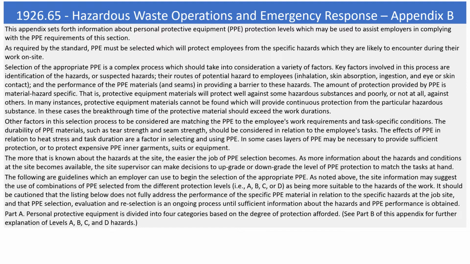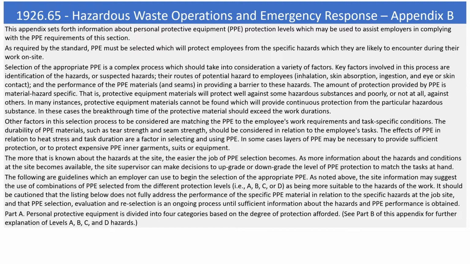Other factors in this selection process to be considered are matching the PPE to the employee's work requirements and task-specific conditions. The durability of PPE materials, such as tear strength and seam strength, should be considered in relation to the employee's tasks. The effects of PPE in relation to heat stress and task duration are a factor in selecting and using PPE.